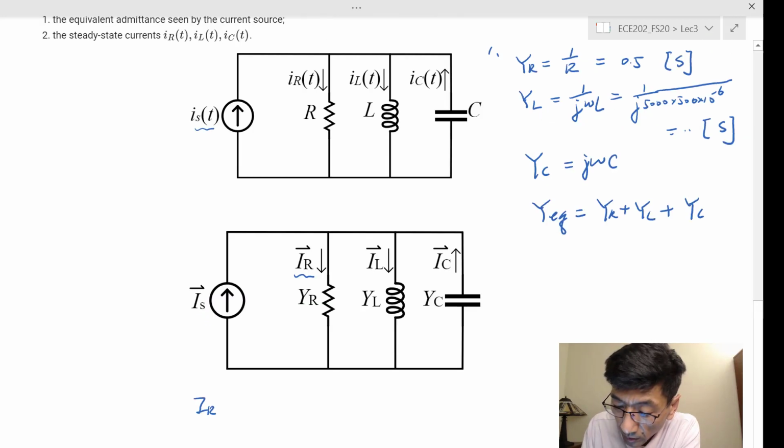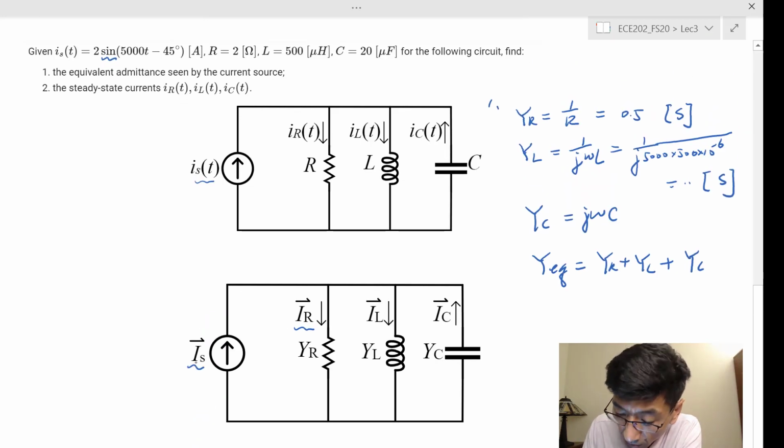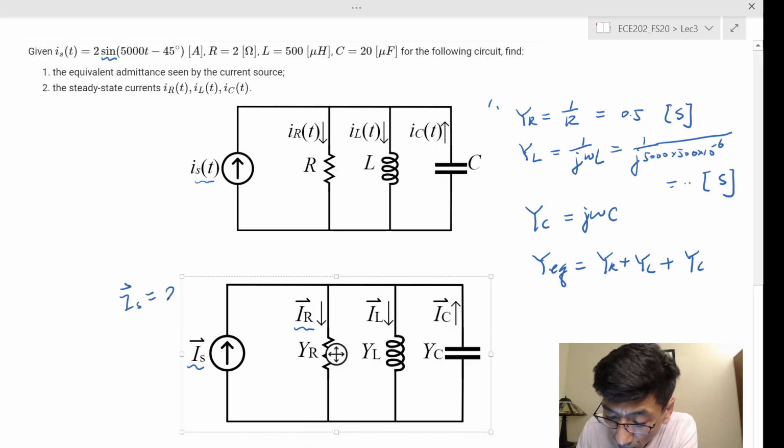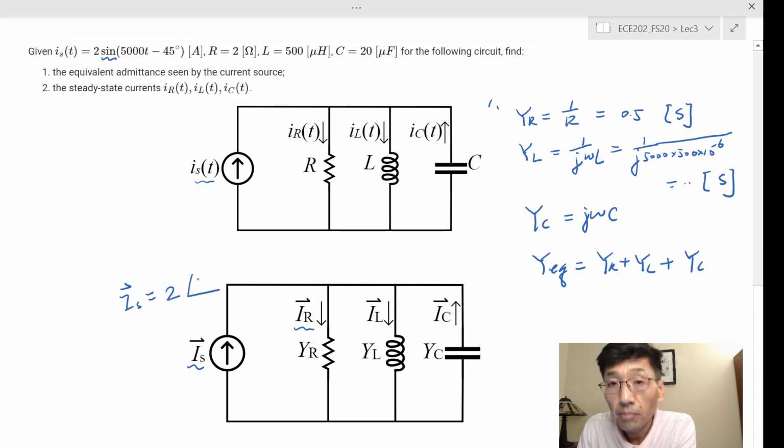So the I sub S we need to find first, right? We haven't found this one. I sub S should be equal to the amplitude of I sub S there, that's a 2. The phase angle should be negative 45 degrees minus 90 degrees. That's negative 135 degrees, amps.